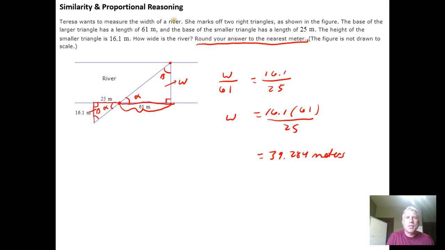This is an example of a problem in the online homework platform. And I think in this case, this is a reasonable way to round it to the nearest meter, because again, we're going to have some roughness in these estimates, so carrying it out to a bunch of decimal places probably doesn't make sense. It's about 39 meters.